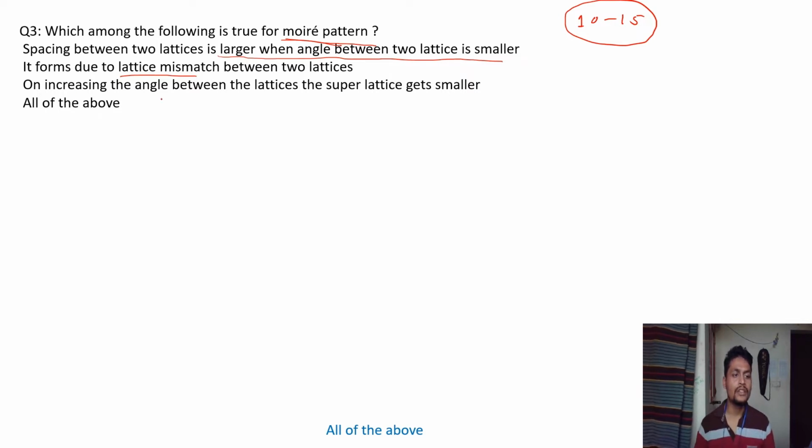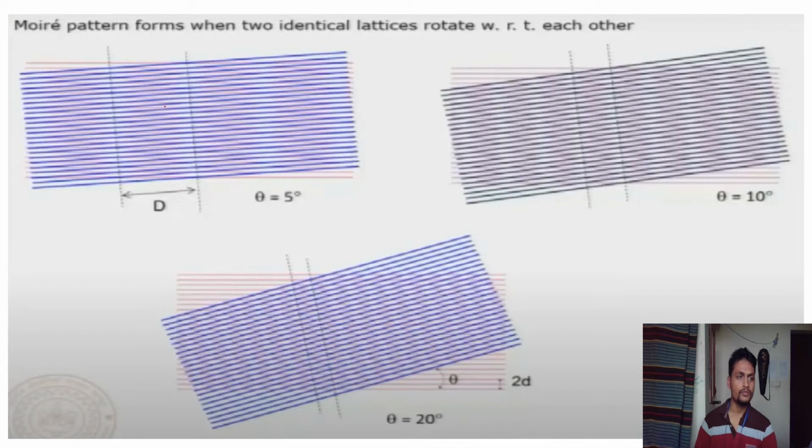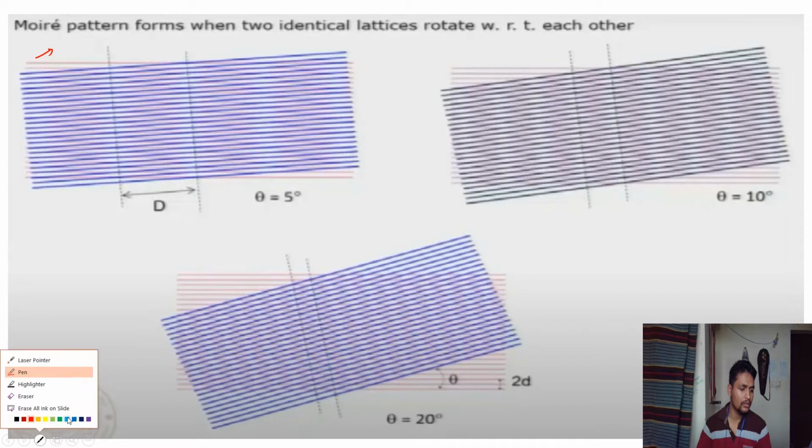Now, on increasing the angle between the lattices, the superlattices get smaller. So these two options are actually mainly related. Let's discuss these two at first, then we can answer this. So this red one and this blue one are two same lattices.